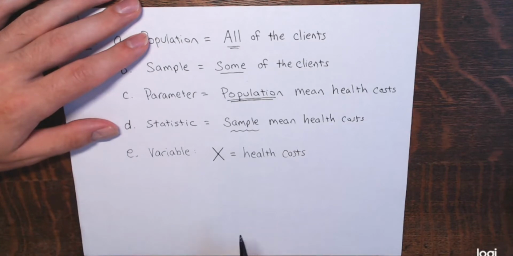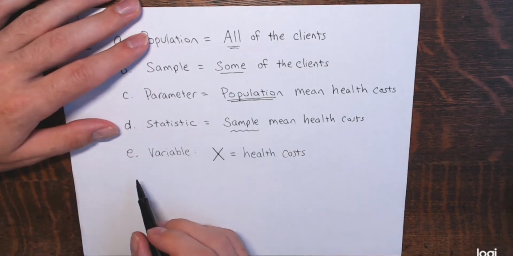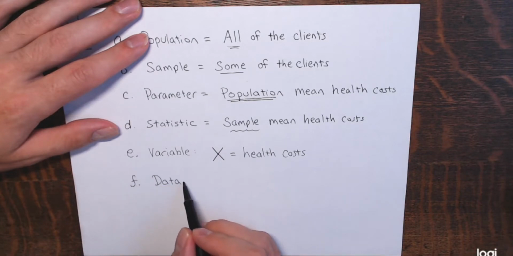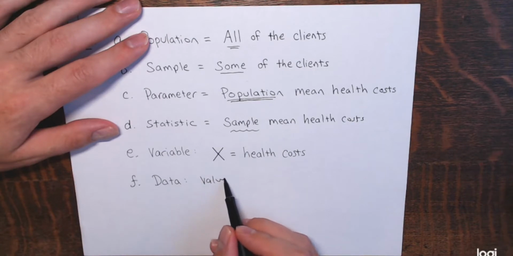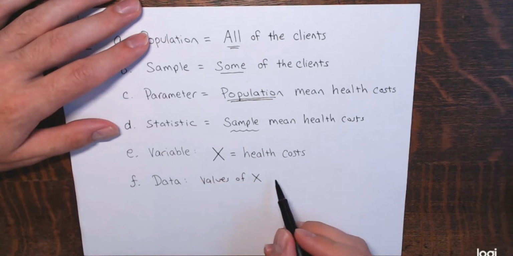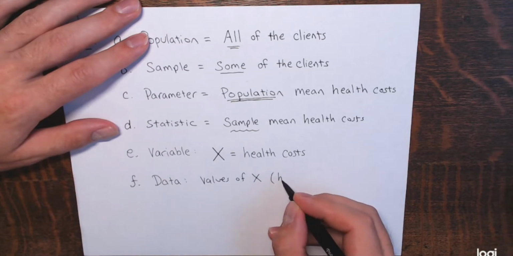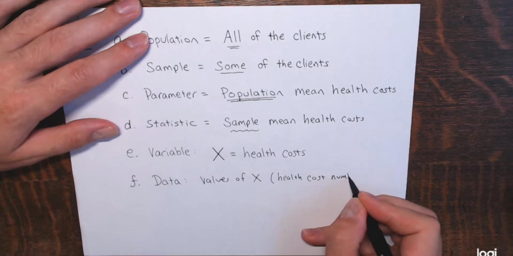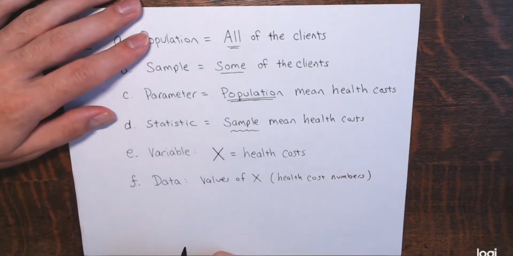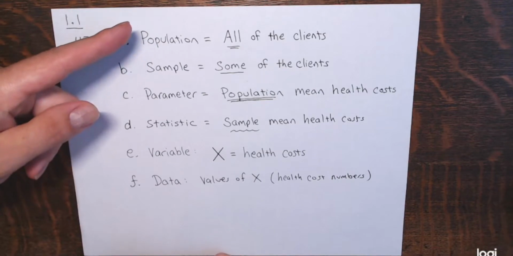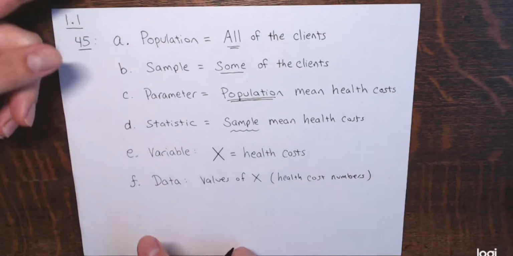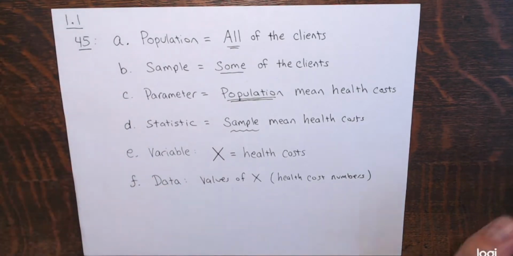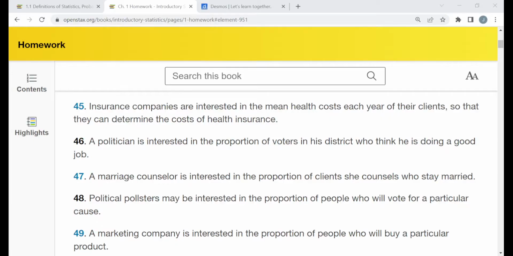I'm not going to write all that out. And then the actual data are the values of X: the health cost numbers for each individual, the actual data being recorded. So this person paid $20,000, this person paid $1,000, this person paid $3,000, whatever. Those dollar amounts would be the data. I hope that's clear.